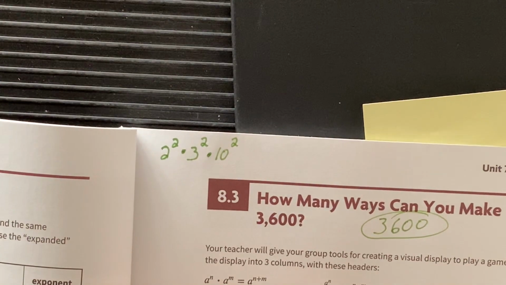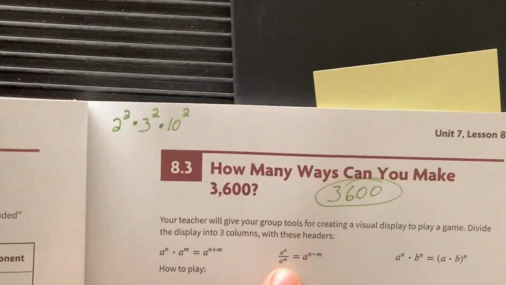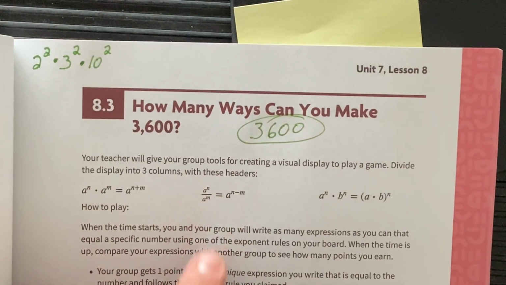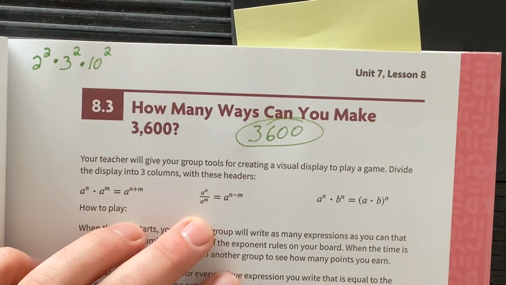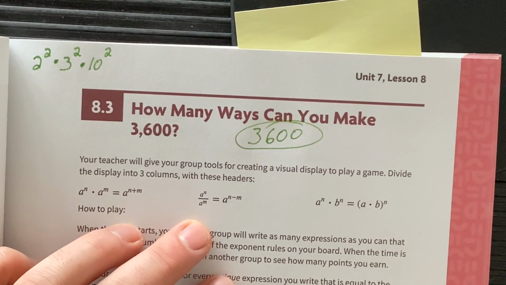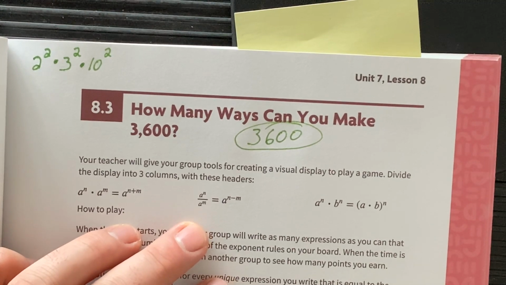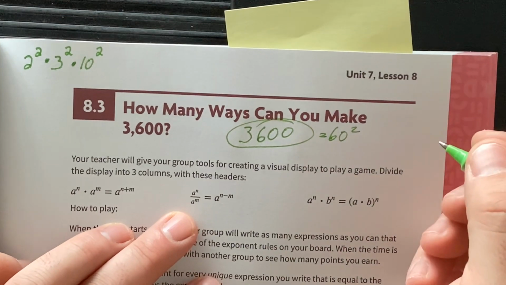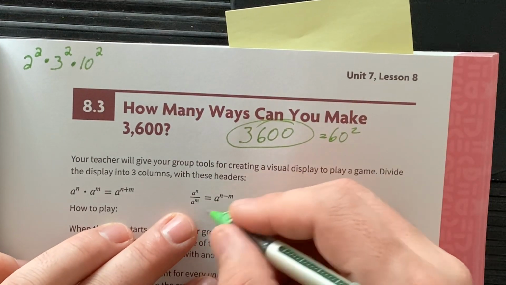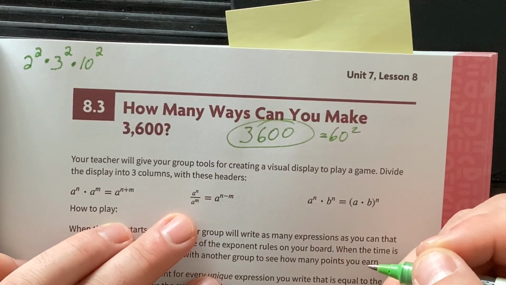Okay, what are some ways to subtract? List one like this to get to 3,600. Well, 3,600 is 60 squared. So any number that would subtract to give us 60 squared.